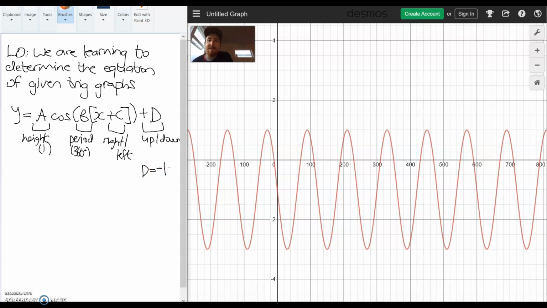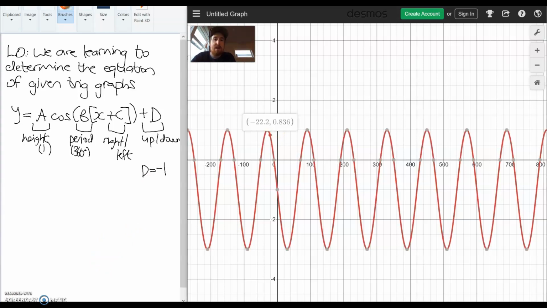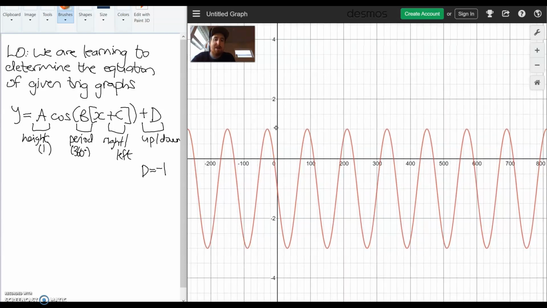C is often the next easiest one to figure out. That's the movement left or right. In our graph, we were told it's a cos graph, and our cos graph should start at 0, just over there where my pen is.